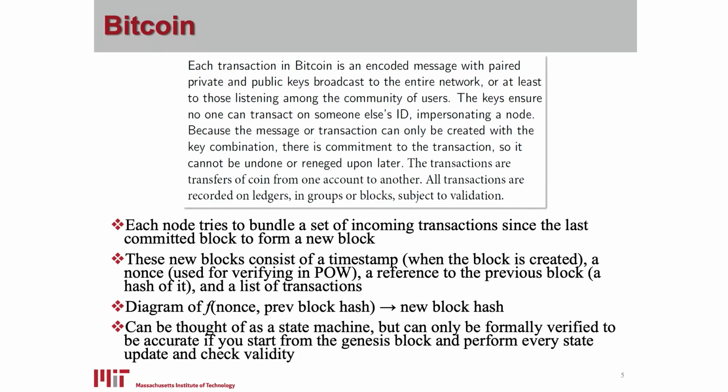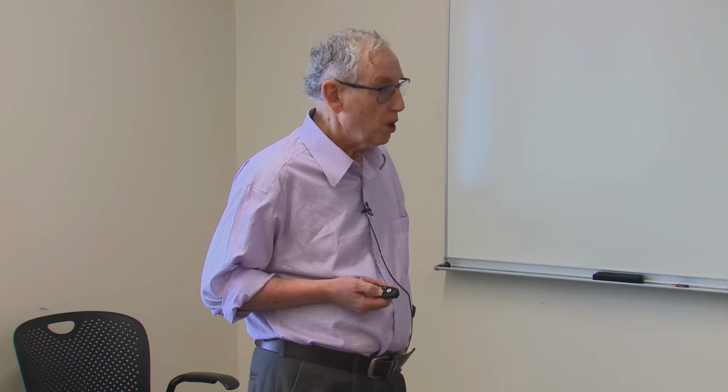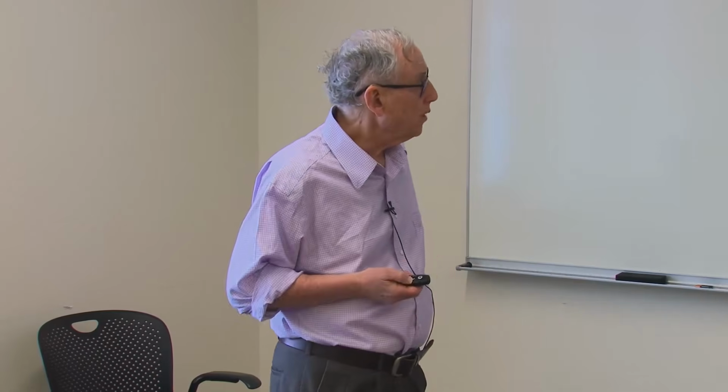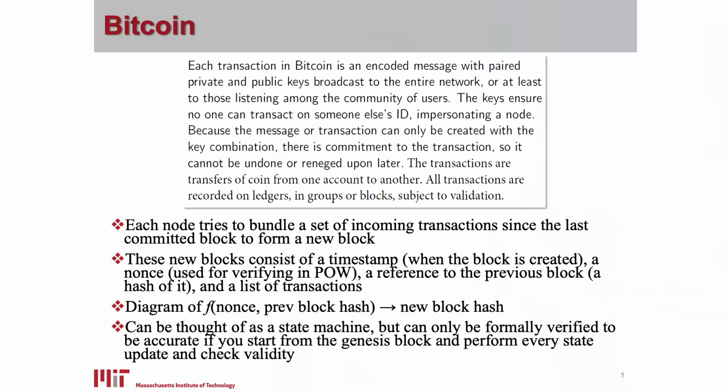And these blocks consist of a timestamp when the block is created, a nonce used for proof of work, a reference to a previous block, a hash of it, and a list of transactions. Pause a minute. We're going to develop the material to go back and describe nonces and hashes and so on. But still, I wanted to get the ingredients on the table here.